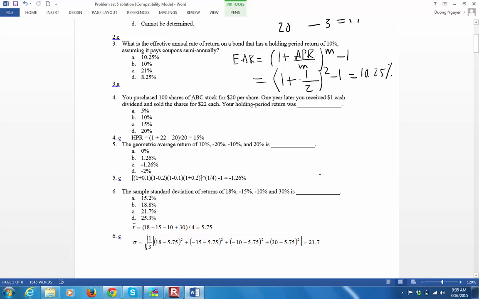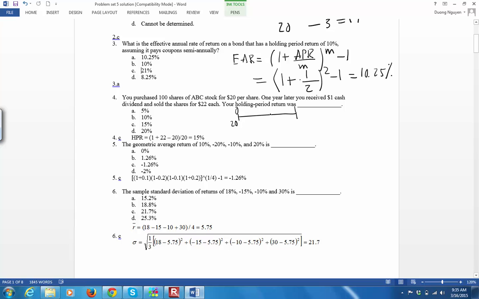Okay, so the simple rate is 10%, but the rate you actually earn is 10.25%. Now number 4, you purchase 100 shares of ABC stock for $20. You buy the stock at $20 per share. 1 year later, you receive a $1 dividend, and you sell it for 22.